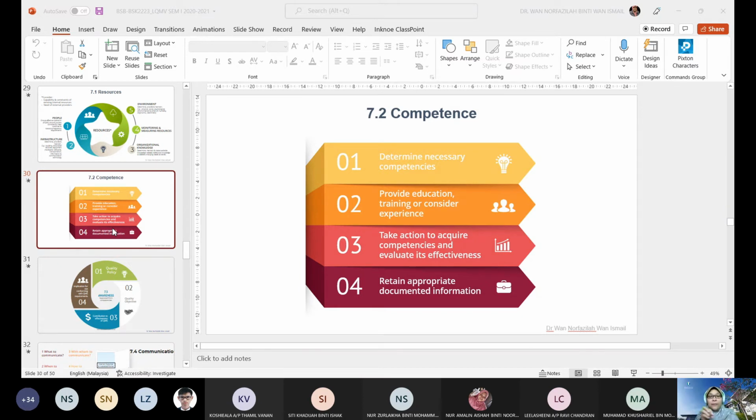Okay, so the results from the exam is how to evaluate the effectiveness. Thank you very much to Zulaika, Fatin Kamila and Amira Akilah for your response and also your correct answers. But you need to give more information.